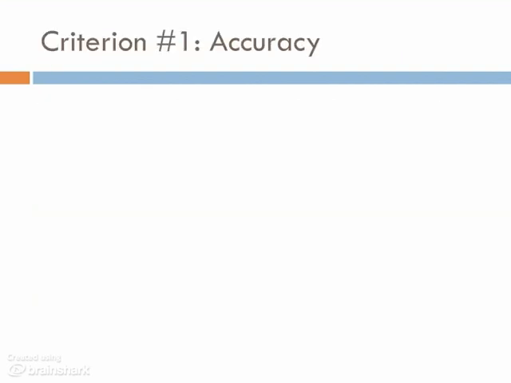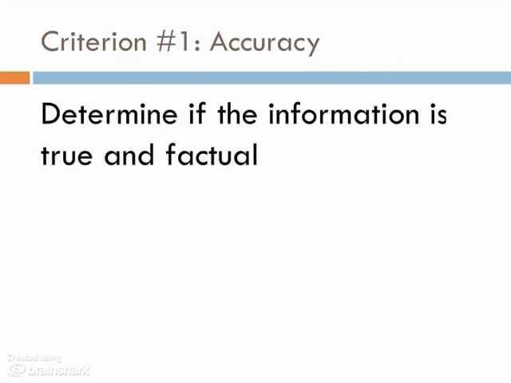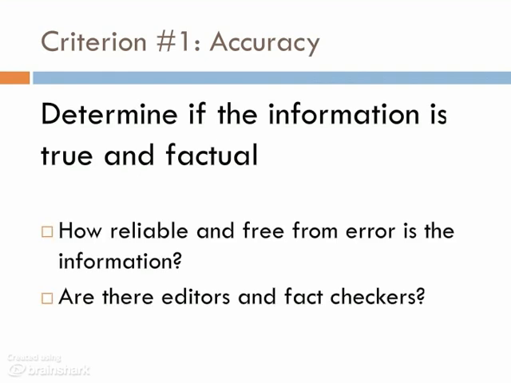The first criteria is accuracy. When you're figuring out accuracy, you're determining if the information is true and factual. Any information that you're finding, you want it to be true. So here are some questions that you can ask yourself when you're determining accuracy. How reliable and free from error is the information?